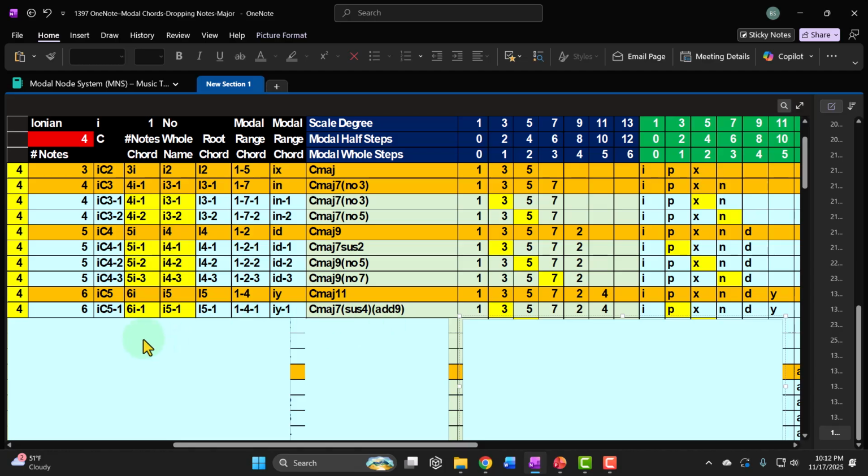I would rather just keep the same thing, though, which would be a 6-note Ionian -1 or an I5 -1, meaning you go 5 modal whole steps up, and that would be 10 modal half steps, 11th scale degree, and drop the one that's 1 modal half step up, which would mean that the last node, 5 modal whole steps up, is an octave higher.